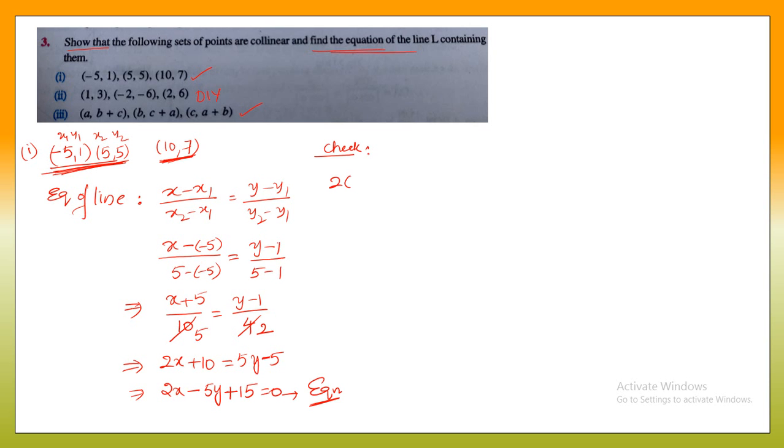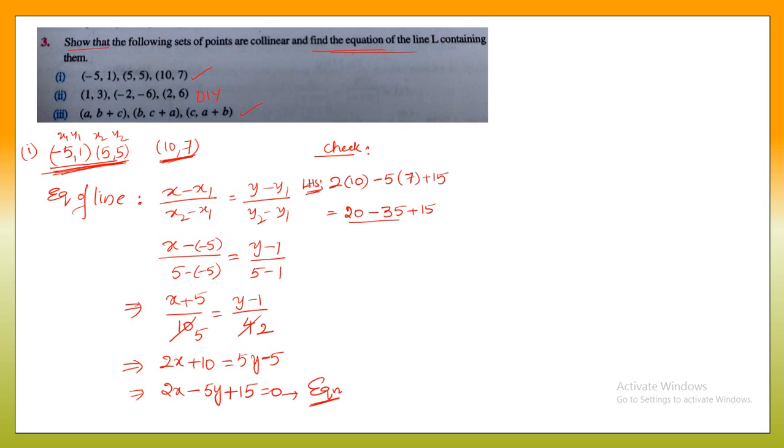So 2 into x is 10, minus 5 into y is 7, plus 15. This is my LHS. So 2 tens are 20, minus 7 fives are 35, plus 15.